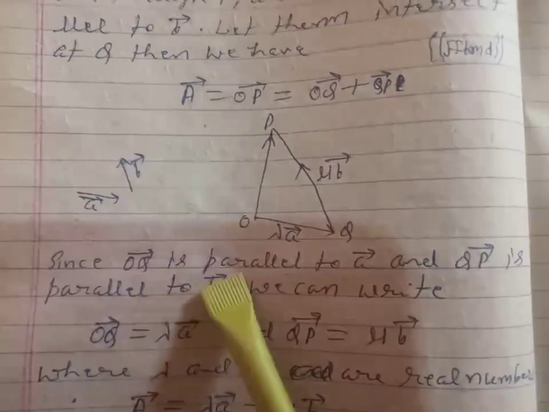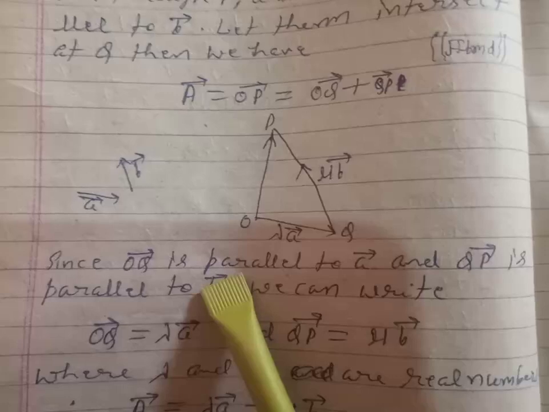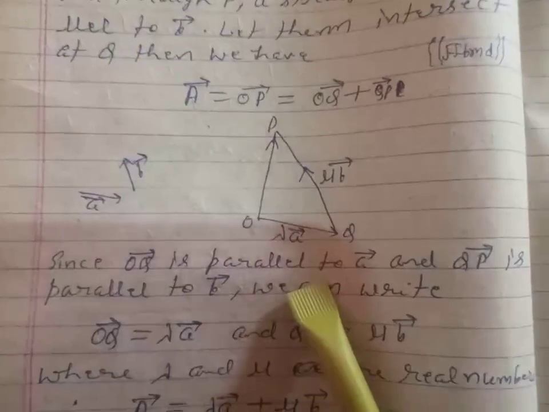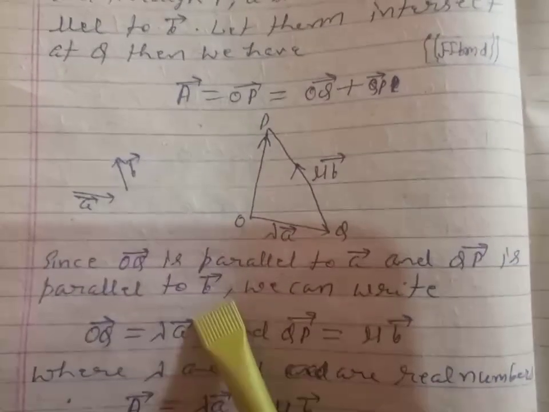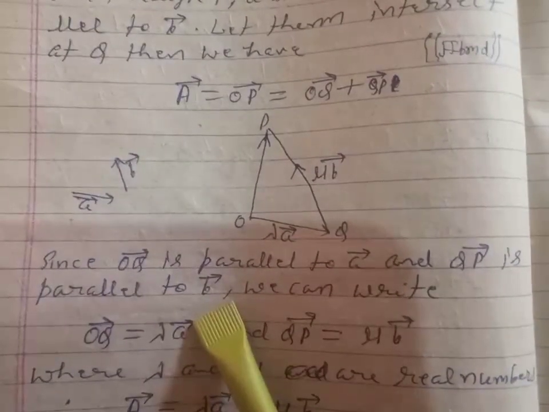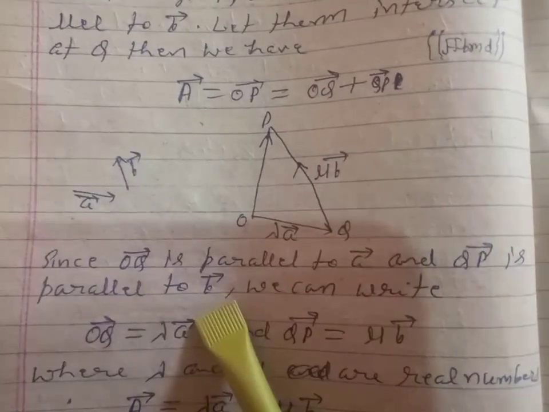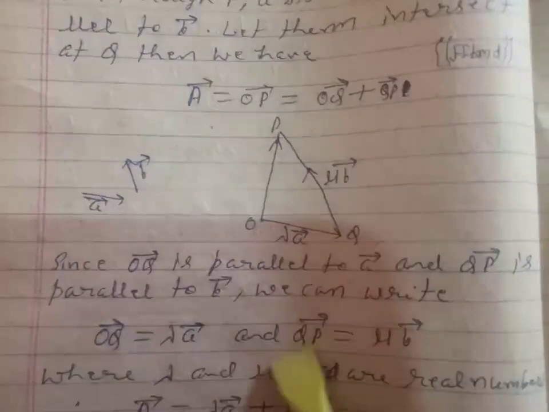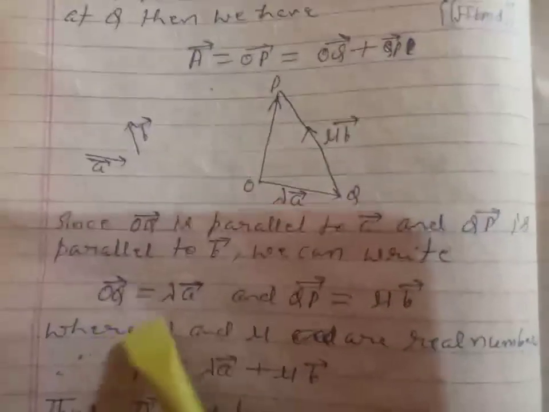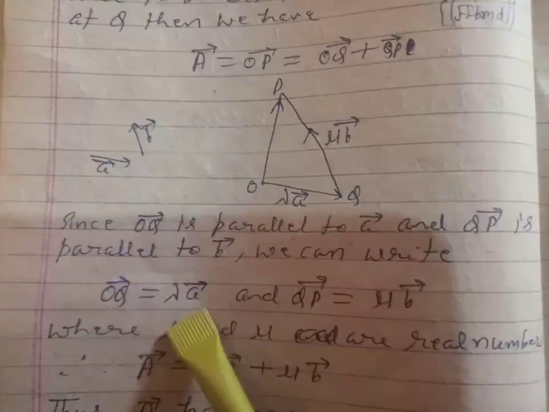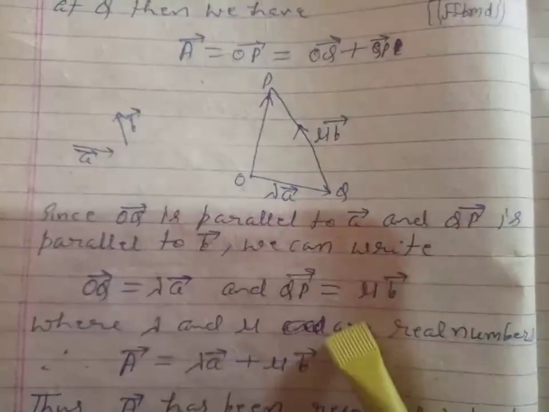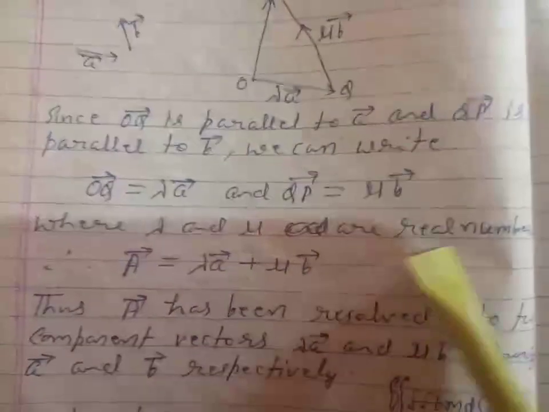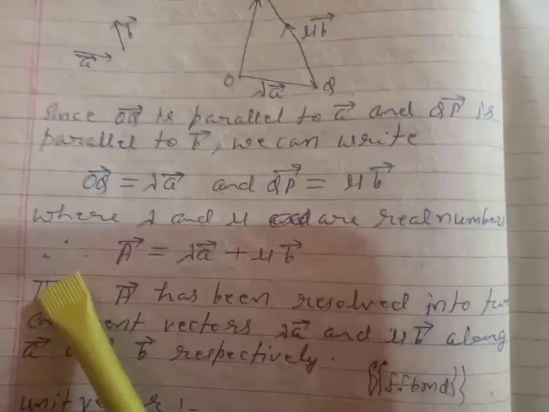Since OQ is parallel to A vector and QP is parallel to B vector, we can write OQ vector equals lambda times A vector and QP vector equals mu times B vector, where lambda and mu are real numbers.